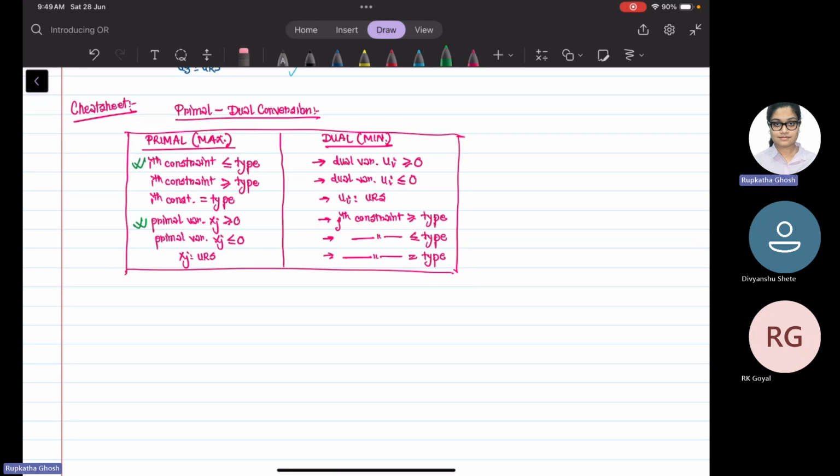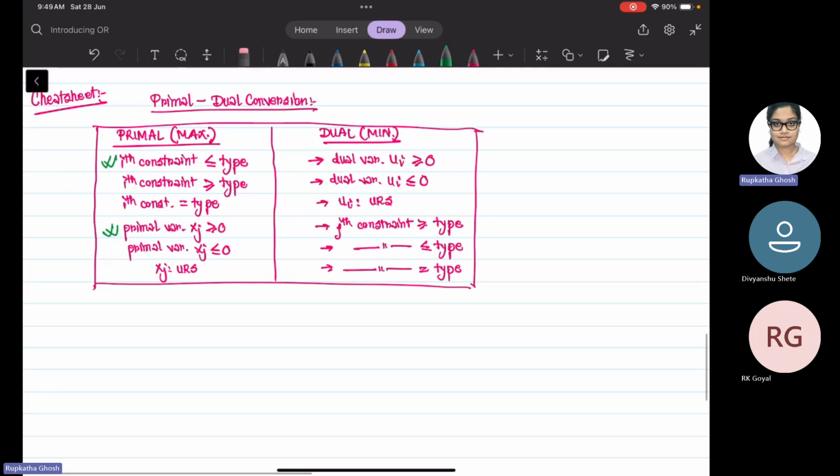If it's an equality in both cases, on the other hand, it would be unrestricted in sign, and vice versa. But if it is a primal max problem, and the constraint is a less than or equal to type, then your dual variable is greater than or equal to 0. And if your variable is greater than or equal to 0, your corresponding constraint in the dual would be of a greater than or equal to type. Only these things you need to remember.